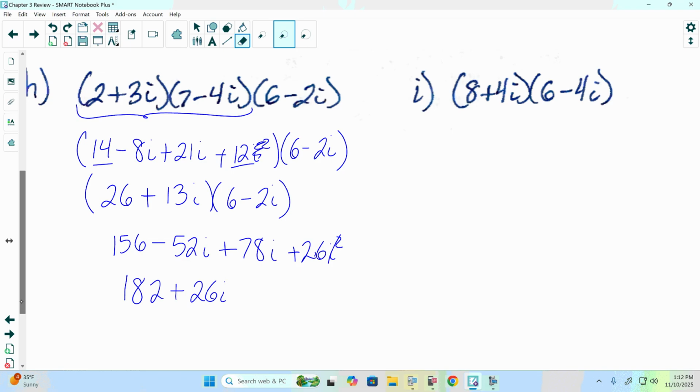If it had been plus 12i squared, we would cross the i squared out, cross the plus out, and turn it into a minus. If it's just i squared, it's going to become negative 1, or positive 1 if it's minus i squared.